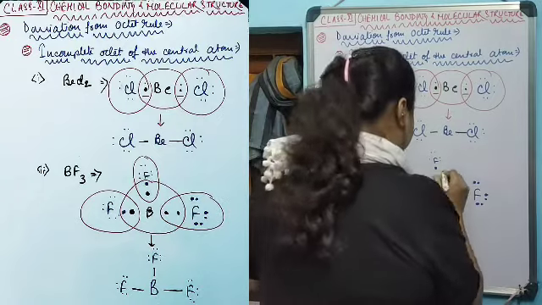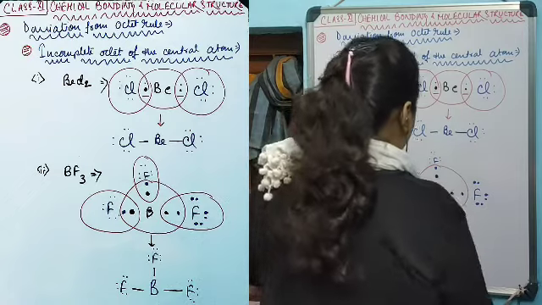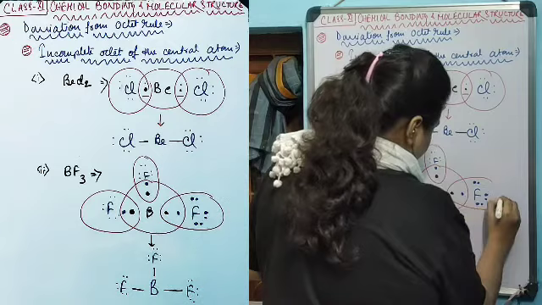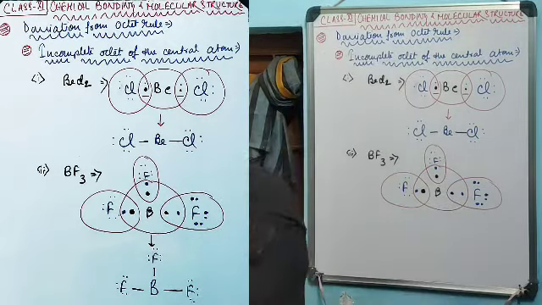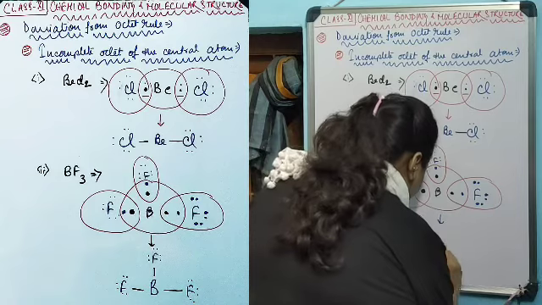As a result, this is the Lewis dot structure of the boron fluoride that is being formed.